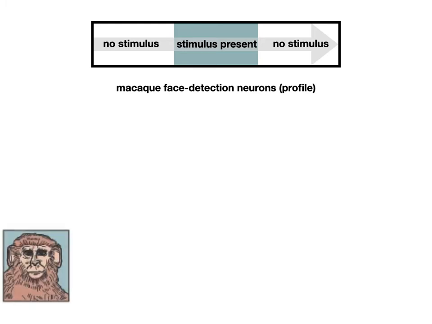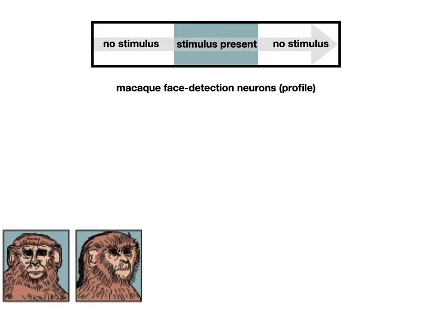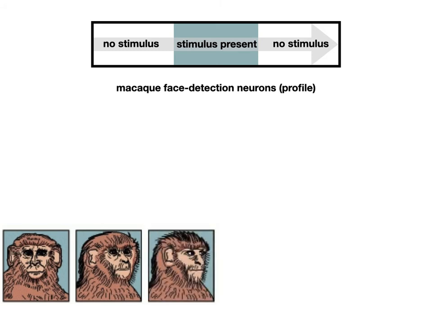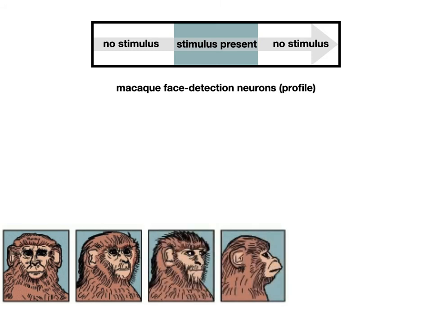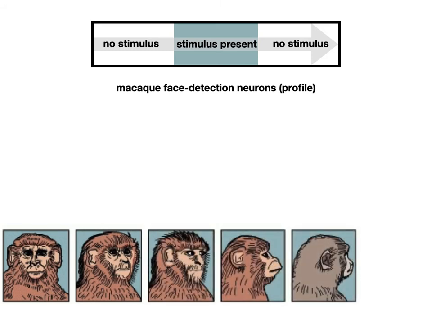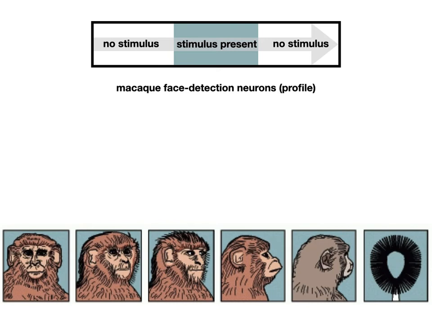A front-facing macaque, a slightly turned macaque, a more turned macaque, a fully sideways macaque, and an almost looking-away-from-us macaque, and a toilet brush, which has the same rough overall features, at least on the outside edge of the macaque, with the fuzzy outside line and a bright inner space.